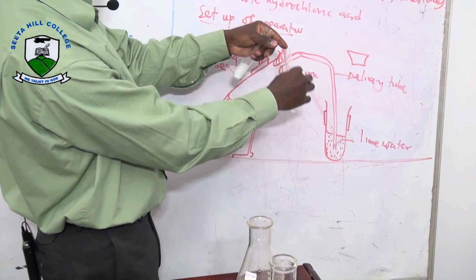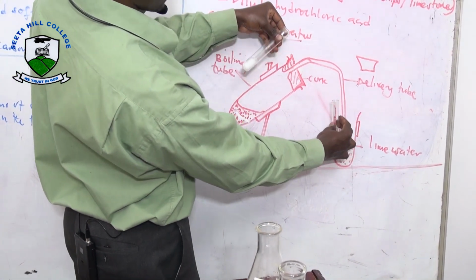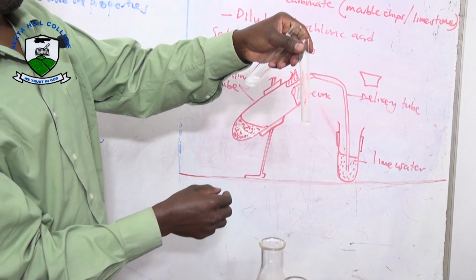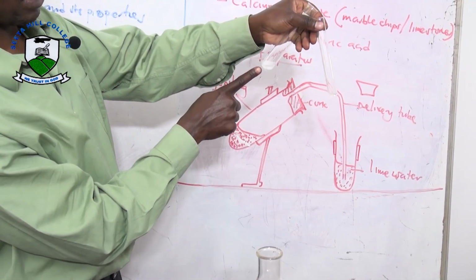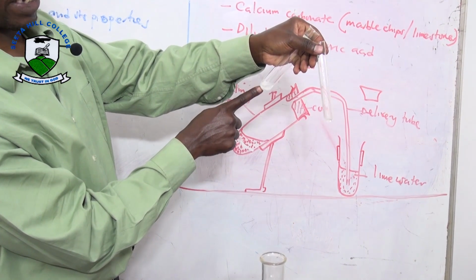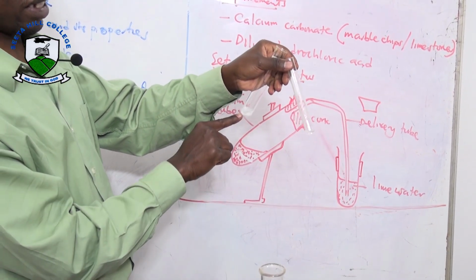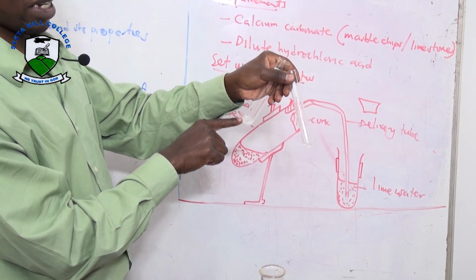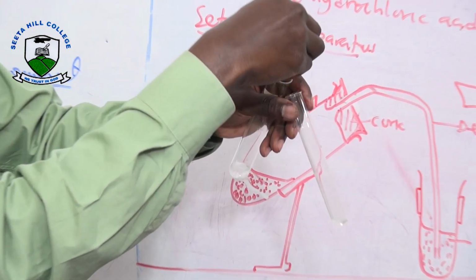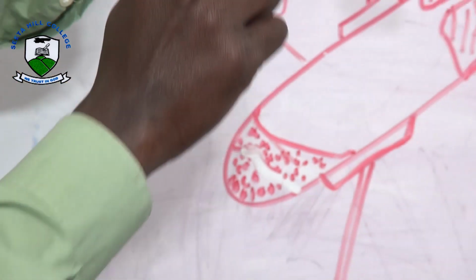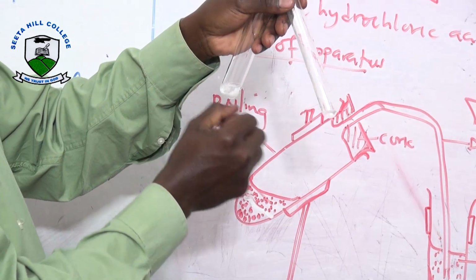Then we allow the gas to bubble into lime water here. Now when an acid is added to calcium carbonate or sodium carbonate, you are seeing the boiling there, which indicates that carbon dioxide is coming out.